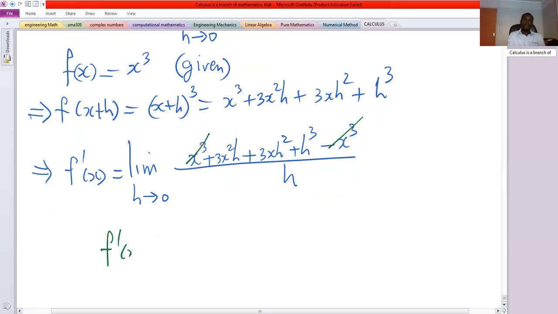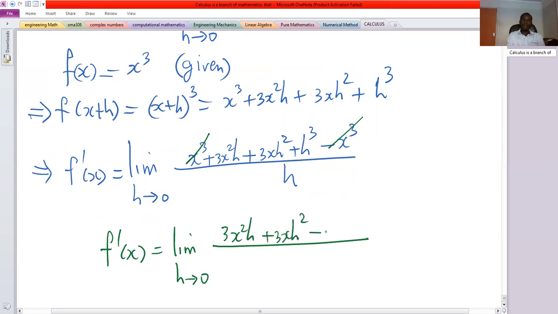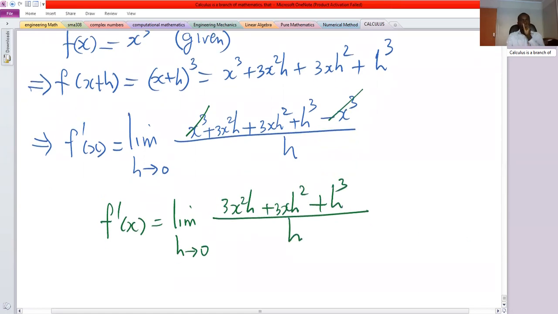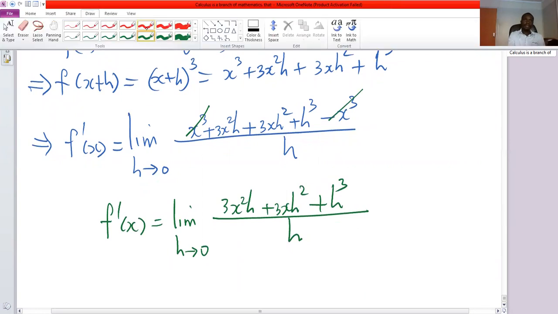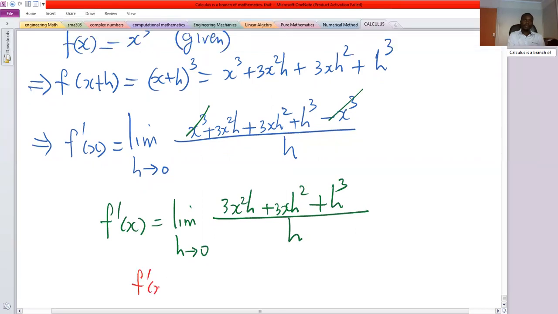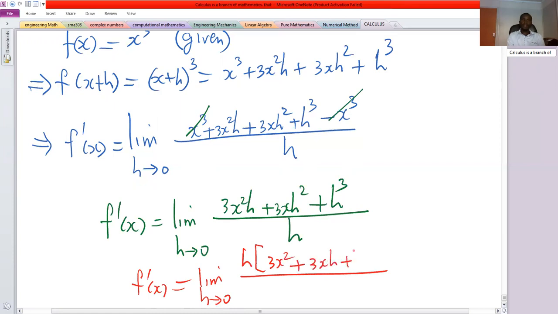So we'll have f prime of x equals the limit as h approaches 0 of 3x squared h plus 3x h squared plus h to the power 3 over h. And since each term in the numerator has an h, we factorize the limit as h approaches 0 of h into 3x squared plus 3xh plus h squared over h.